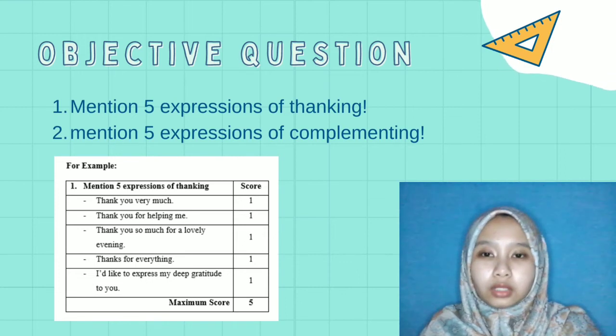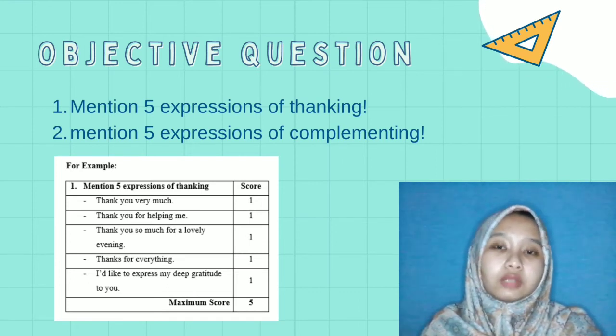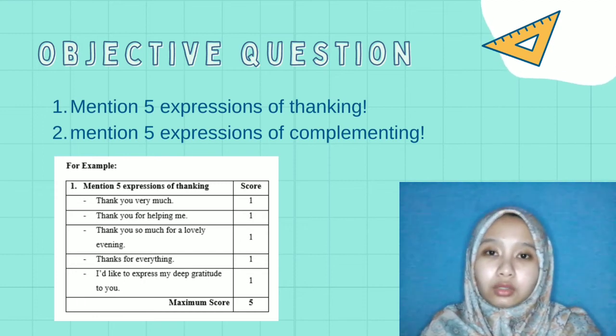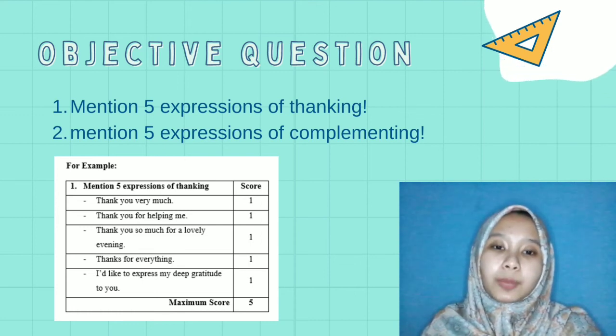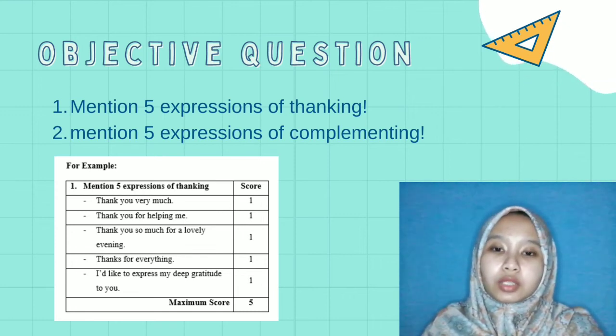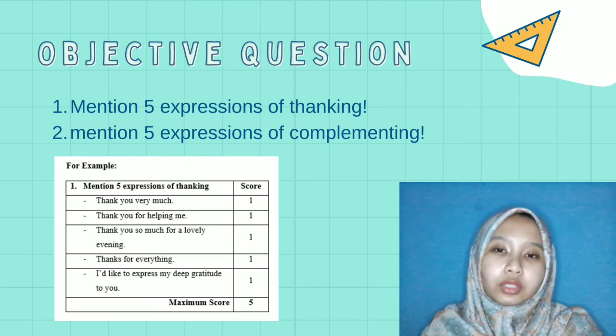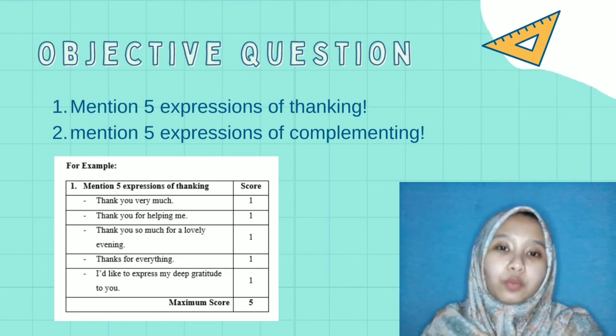For the scoring, for example, the maximum score for each question is 5 points if the student writes the 5 expressions correctly. So 1 point for every expression that is written correctly. If the student writes 3 correct expressions, then the total points that they get are 3 points.